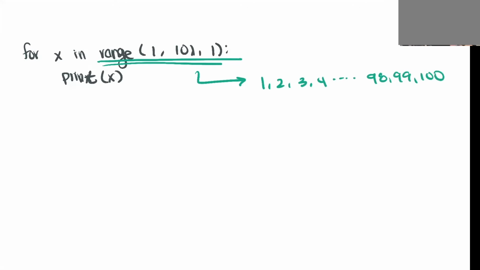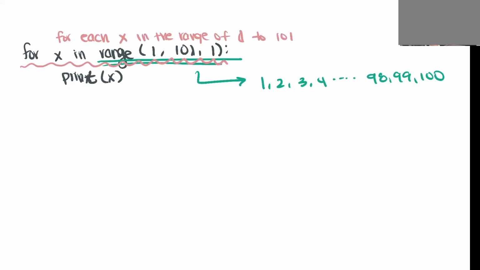I also told you that when you see something like this, you could say it as for each x in the range of 1 to 100, and your step size is 1.